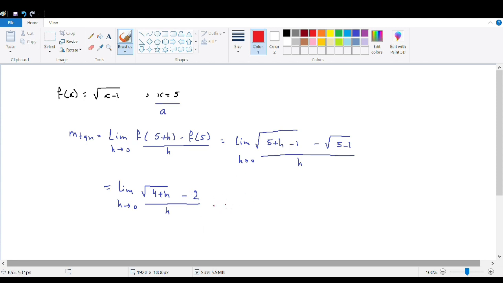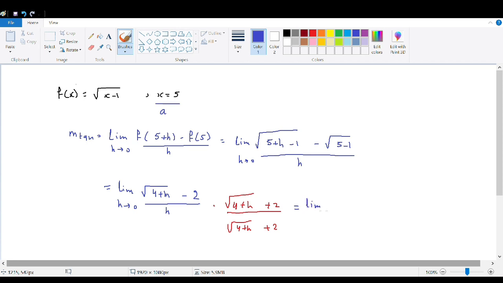So multiply by the conjugate, root of 4+h plus 2 over root of 4+h plus 2. After multiplying by the conjugate, we have root of 4+h minus 2 multiplied by root of 4+h plus 2.